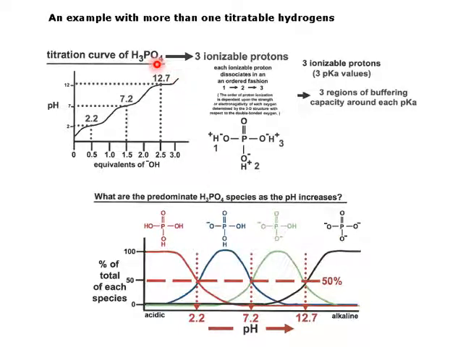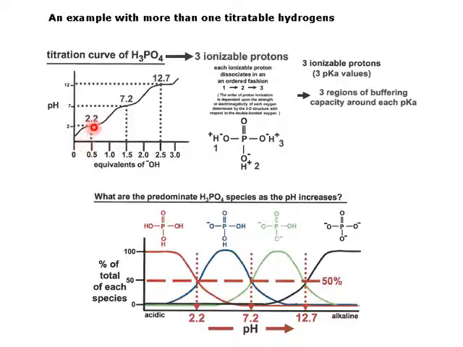Let's look at a situation in which we have an acid with multiple titratable hydrogens. So phosphoric acid has 3 ionizable protons. So if you were to do a titration curve determination of phosphoric acid, you would have this type of curve, 3 plateaus, 3 steps.